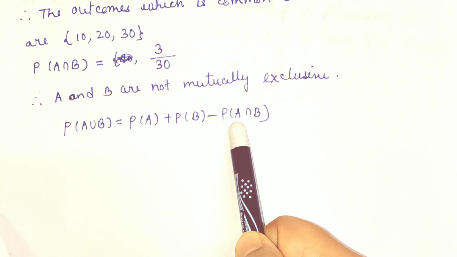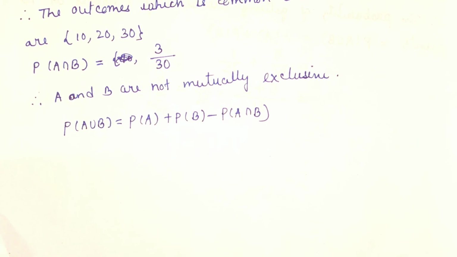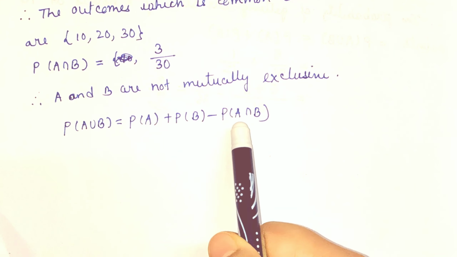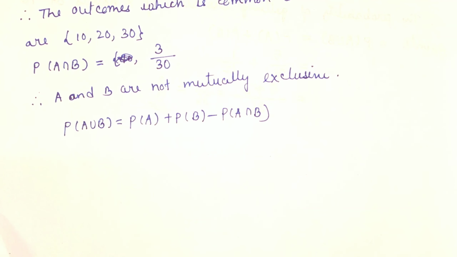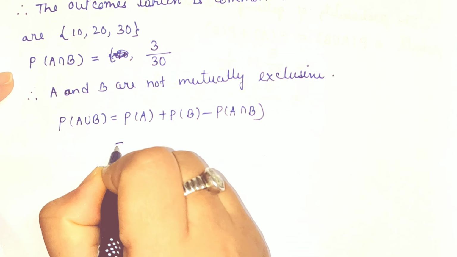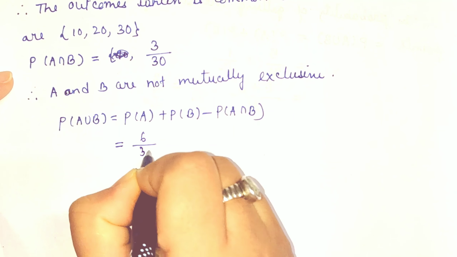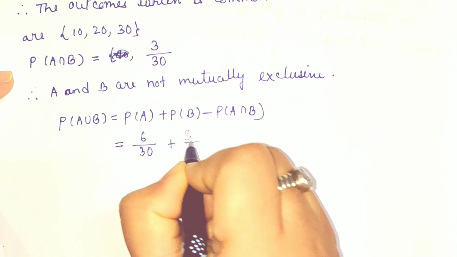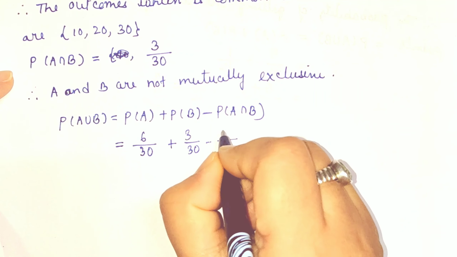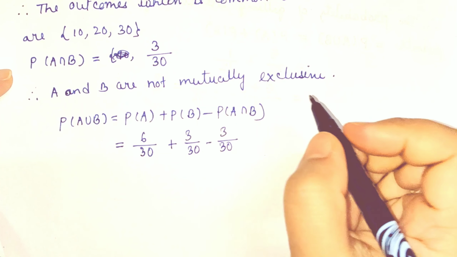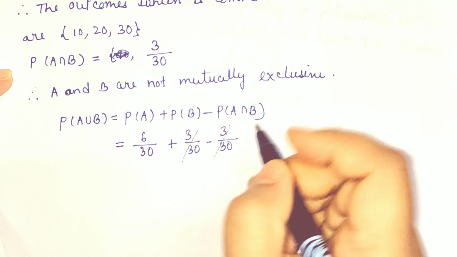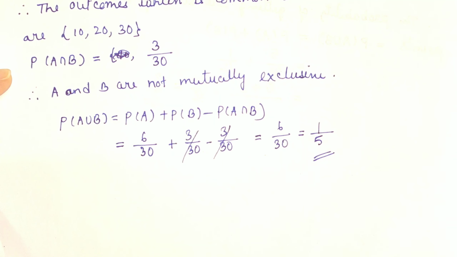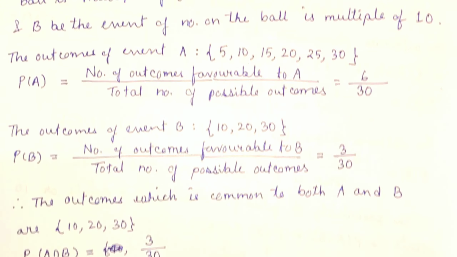But here, since some values are common to both events, we have to use the formula minus P(A intersection B). We have already found that P(A) is 6 divided by 30, P(B) is 3 divided by 30, and P(A intersection B) is 3 divided by 30. So 6 divided by 30, by simplification, is equal to 1 divided by 5. 1 divided by 5 is the answer to this question.